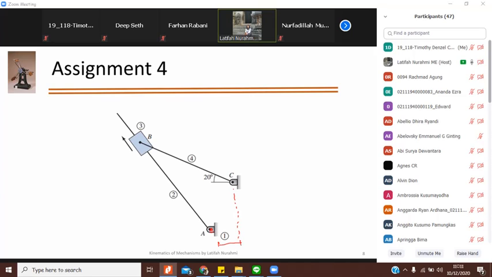Here is point A and here is point C. And the cylinder is along this line, line 2, not line 4. So if you draw it like this, this is definitely wrong. As I told you, link number 4 can only rotate. Link number 2 can rotate and translate at the same time.